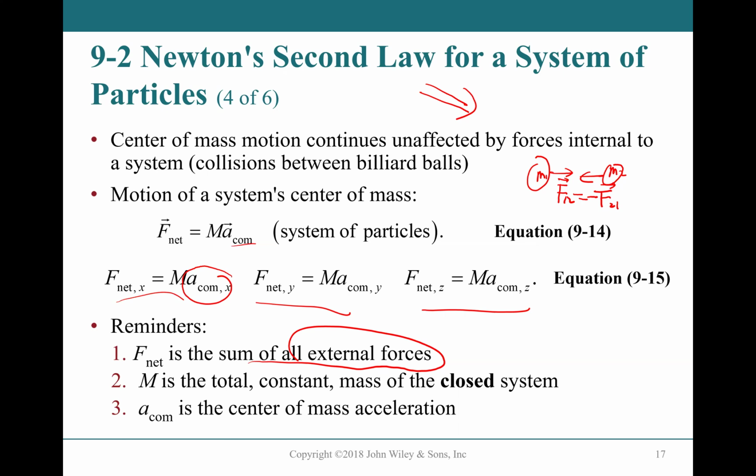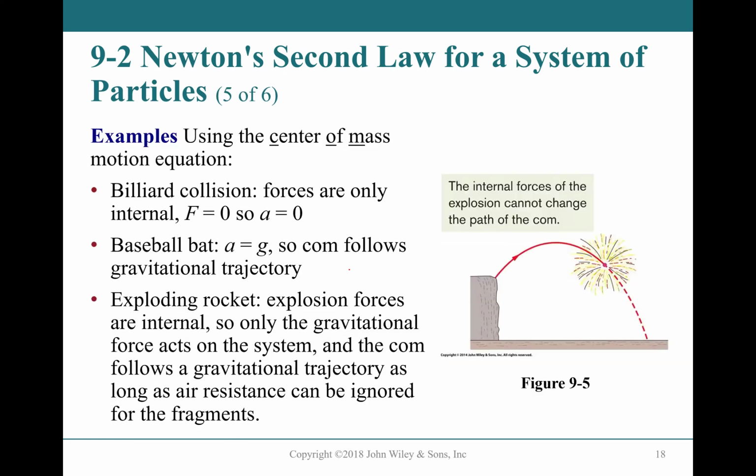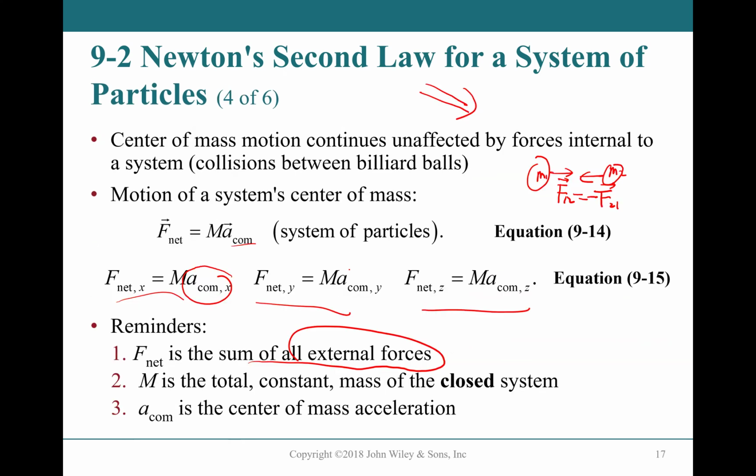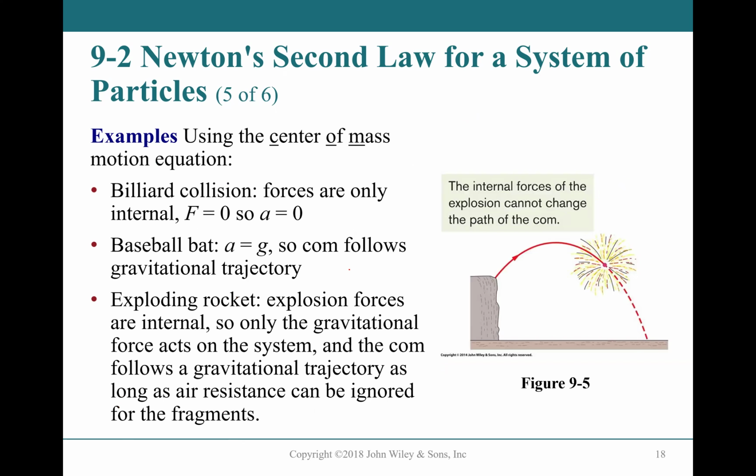Okay, so if you want to calculate the effect of a system of particles, what you should do here is you should find out where is the center of mass, and the force is actually acting on the center of mass. And the acceleration can be calculated for the center of mass.